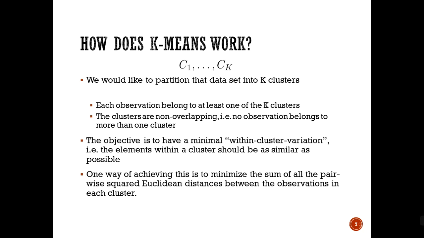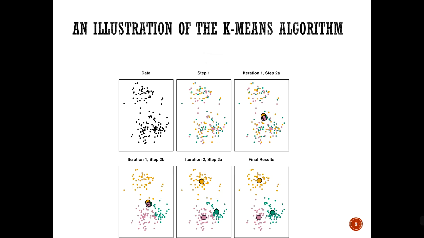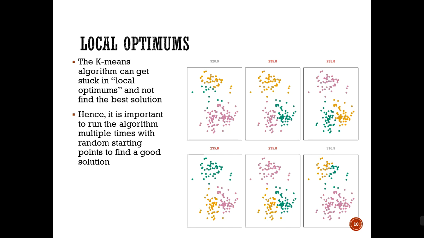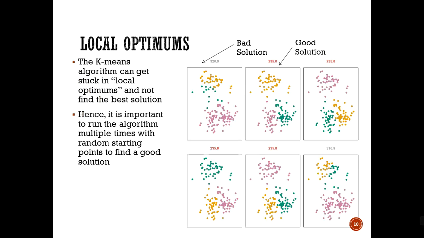Now there are some problems with k-means clustering. The k-means algorithm can get stuck in local optima. Can you tell me the reason? First let me tell you what I mean by local optimum.